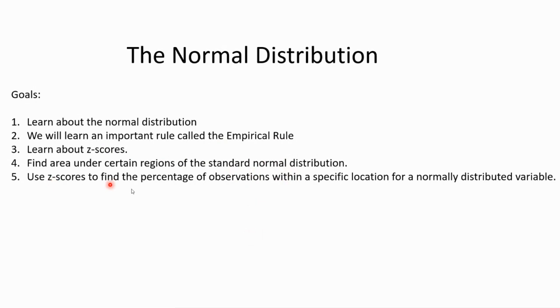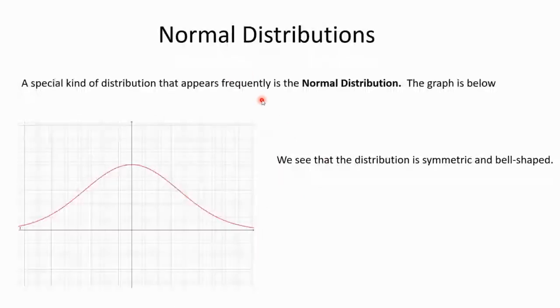We can then use z-scores to determine the percentage of observations within a specific location for a normally distributed variable. You'll basically see between what values most of the scores lie. The z-scores have to do with going from the normal distribution to the standard normal distribution.